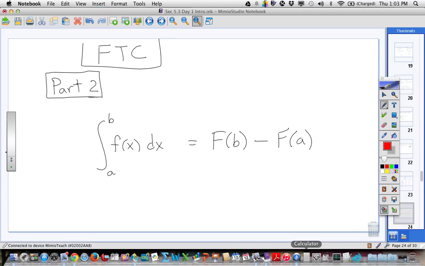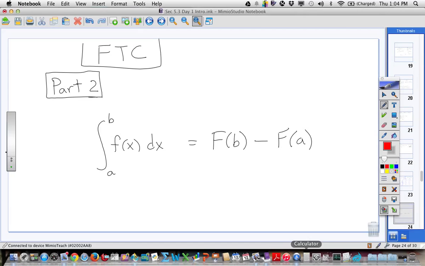But basically what this is saying is, to get any area under a curve from A to B, you simply do the antiderivative. Doesn't matter which antiderivative you do. Well, they're all the same except for the C, right? So just pick the one where C is 0, where there's no plus C at all. Plug in the top number, plug in the bottom number, and then subtract. And voila, you've got the area under the curve.